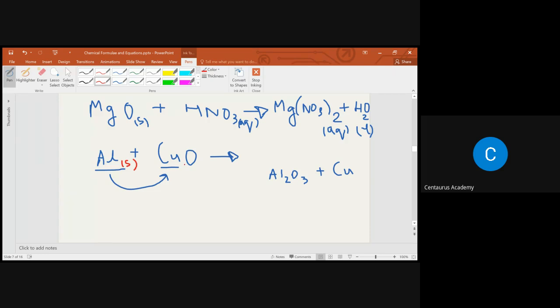What about copper oxide? Solid. Very good. Excellent. And aluminum oxide? Solid. And this copper, which is displaced, is also going to be solid copper.